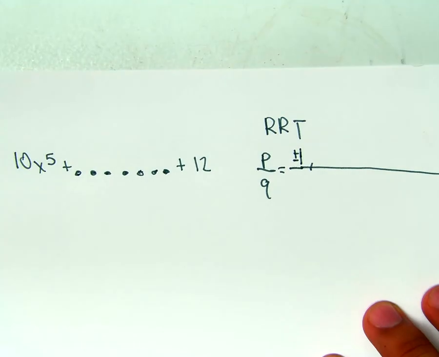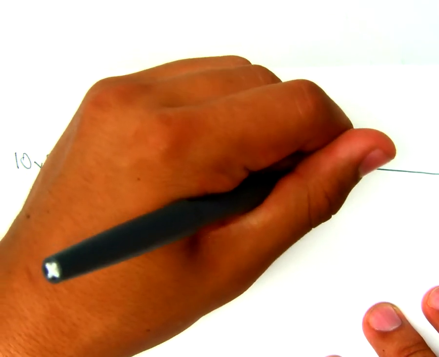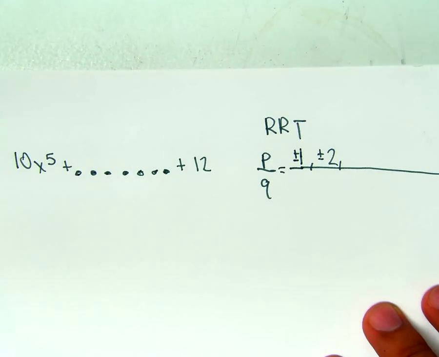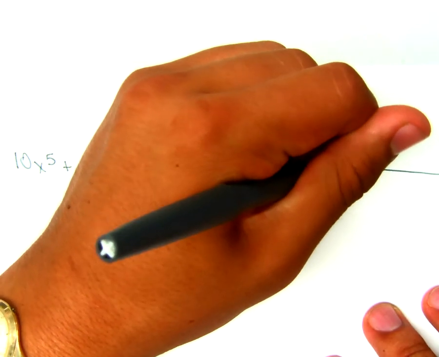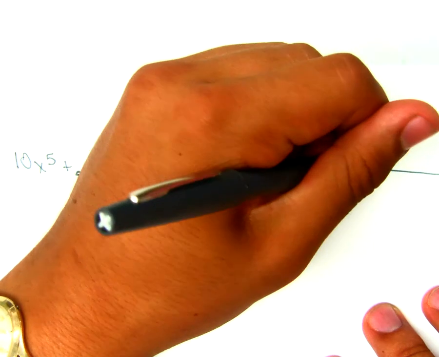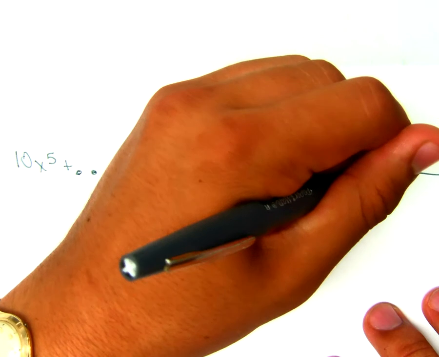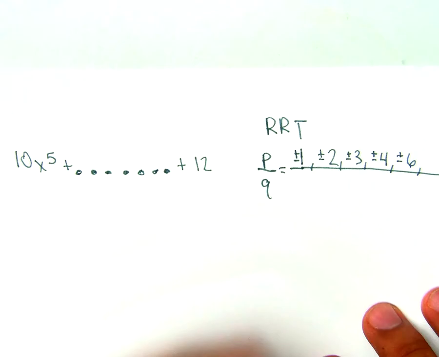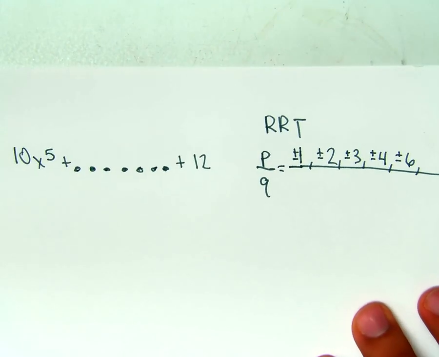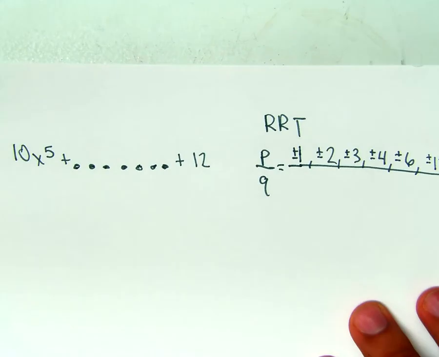What about 2? 3? 4? 5? 6? And then 12, right? Okay.